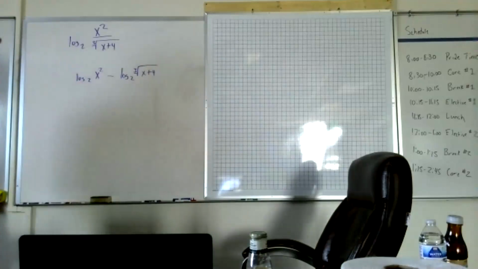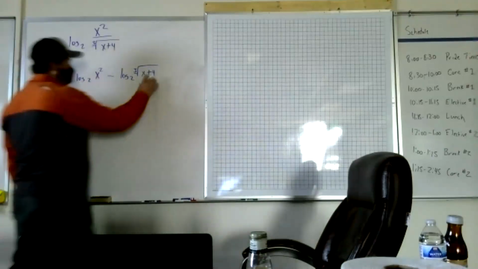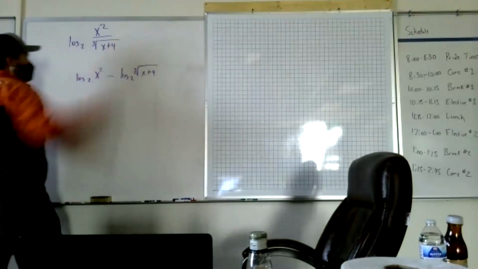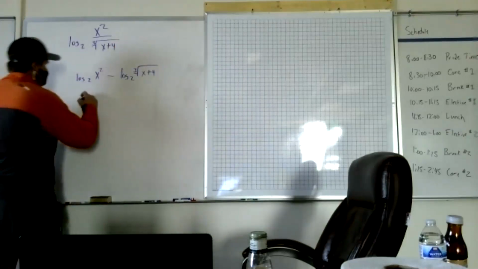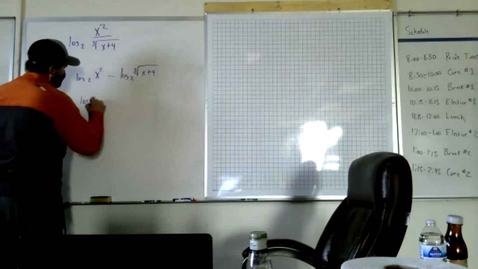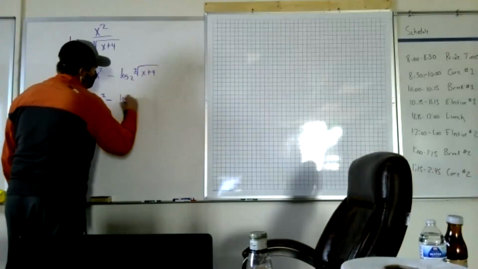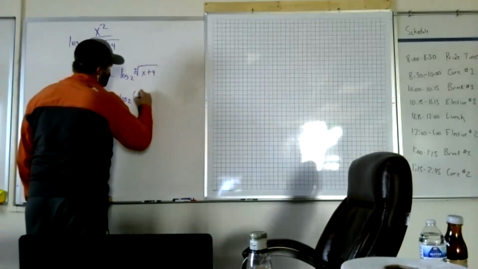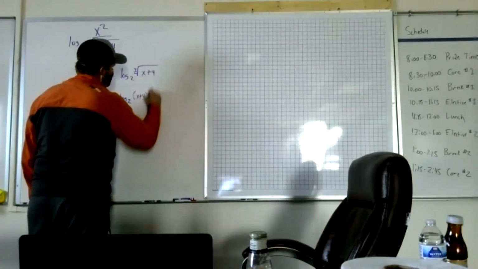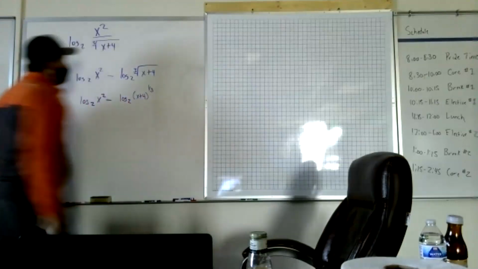Since it's the cube root, that's really the quantity x plus 4 to the 1/3 power. So once we do that, we're going to be left with log base 2 of x squared minus log base 2 of x plus 4 to the 1/3 power.